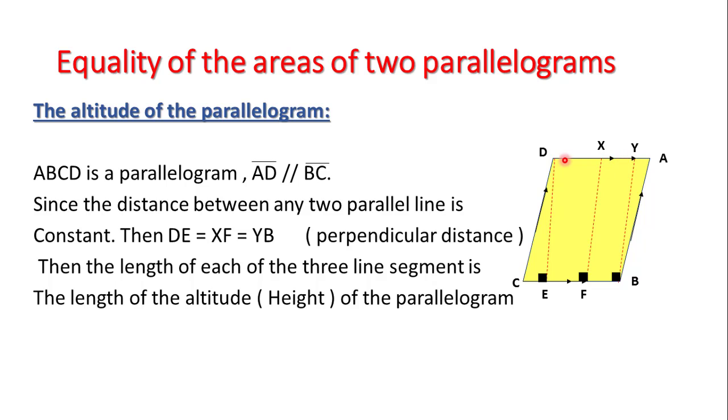But we know that AD is parallel to BC, and the distance between any two parallel lines is constant. That means that YB equals XF equals DE. All this length is the height of the parallelogram.